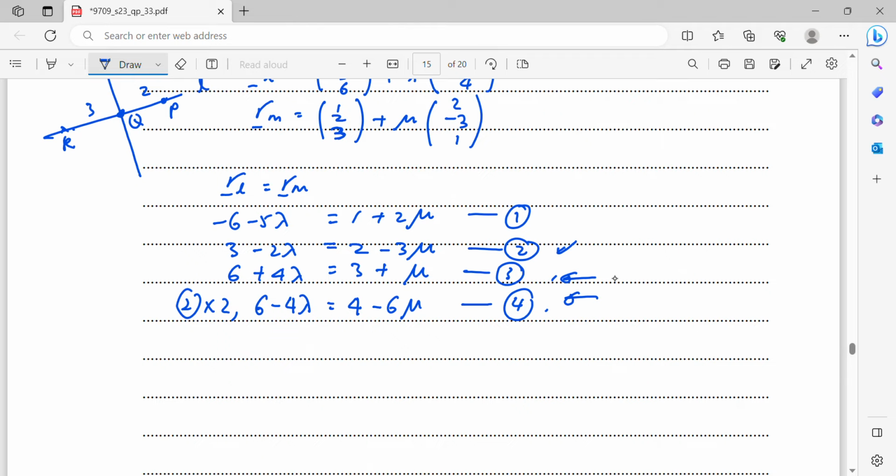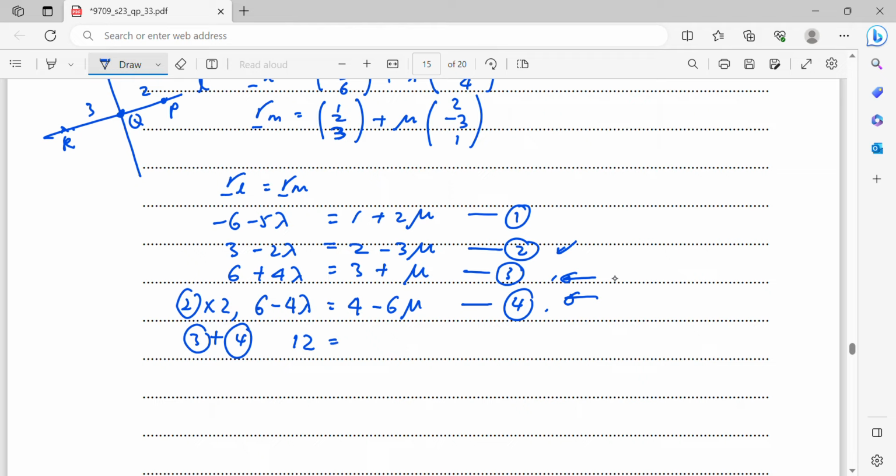And now I notice that for the left hand side, I have 4 lambda and minus 4 lambda. So I can just directly add these two equations to eliminate the lambda. So the third plus fourth equation means that I will be getting 6 plus 6, 12. The 4 lambda plus minus 4 lambda will be 0.